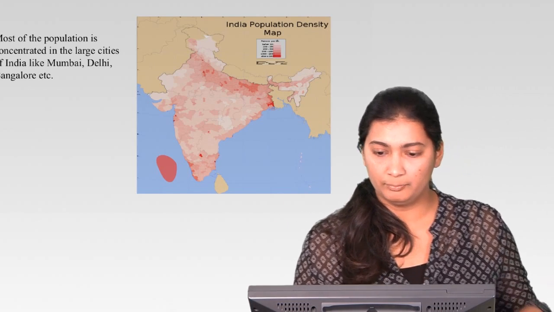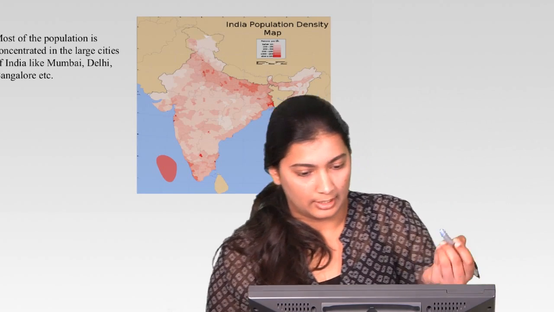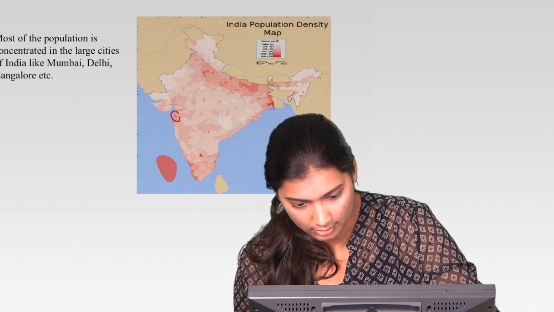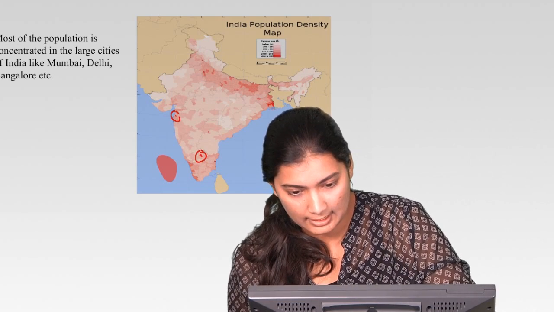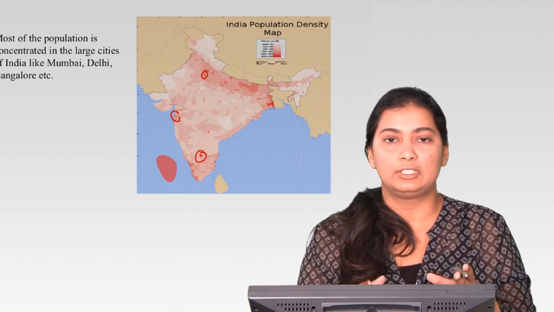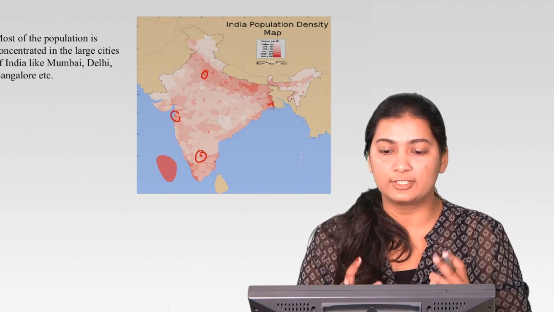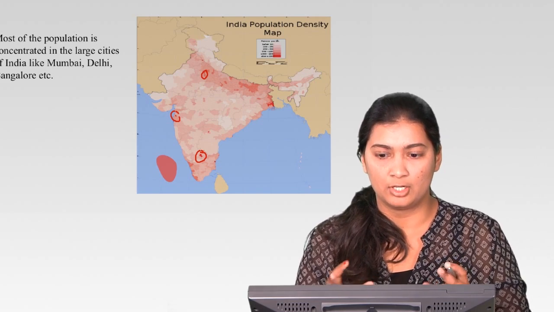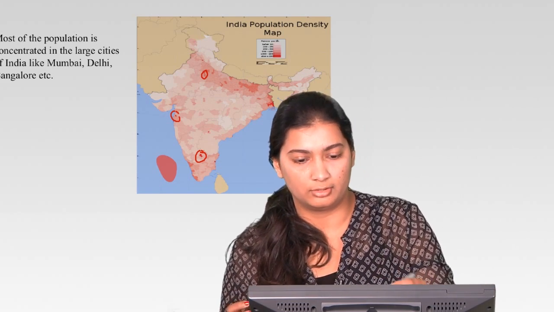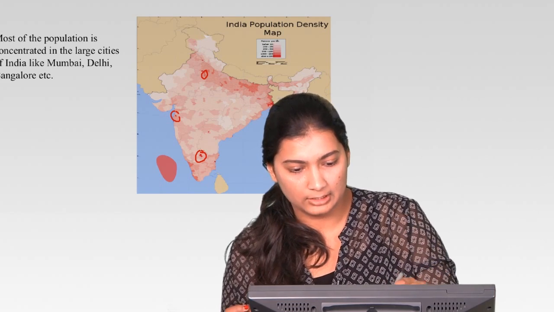As you can see here, these are the major cities. Most of the population in India is concentrated in major cities. So that's where the density is going to be a lot. So if you can see here, this is Delhi.